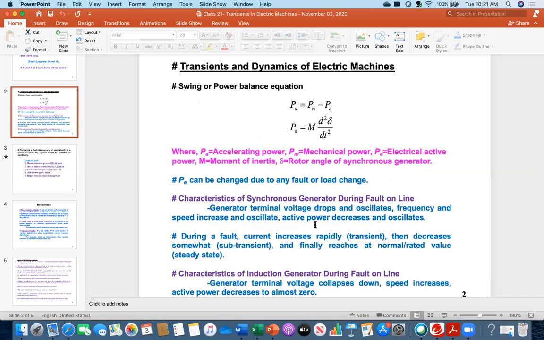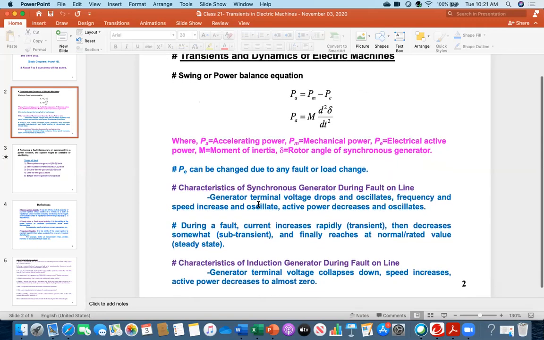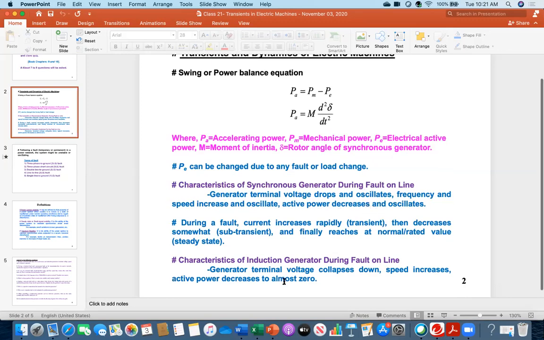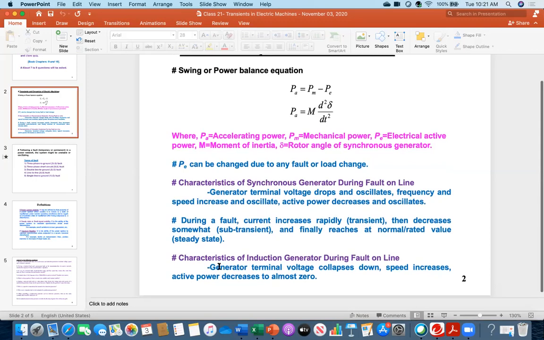So we are discussing that due to any fault on the line, what should be the characteristics of the synchronous generator? I concluded generator terminal voltage drops and oscillates, frequency and speed increase and oscillate, active power decreases and oscillates. And look everybody, the last bullet: characteristics of induction generator during fault online. The same thing, only instead of synchronous, here it is induction generator.